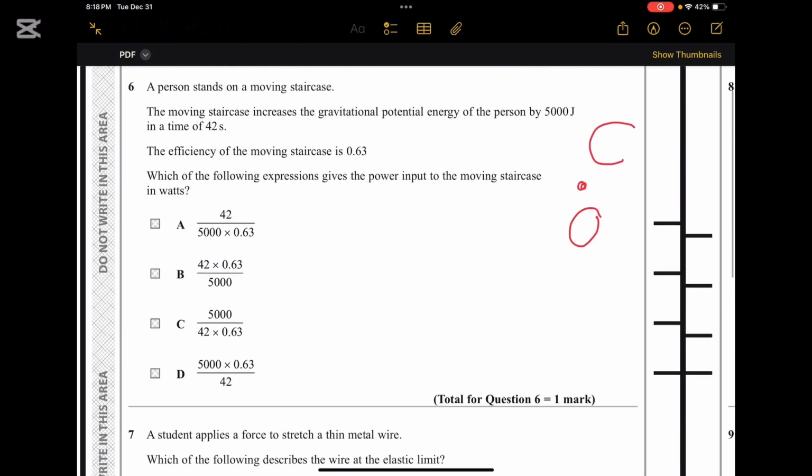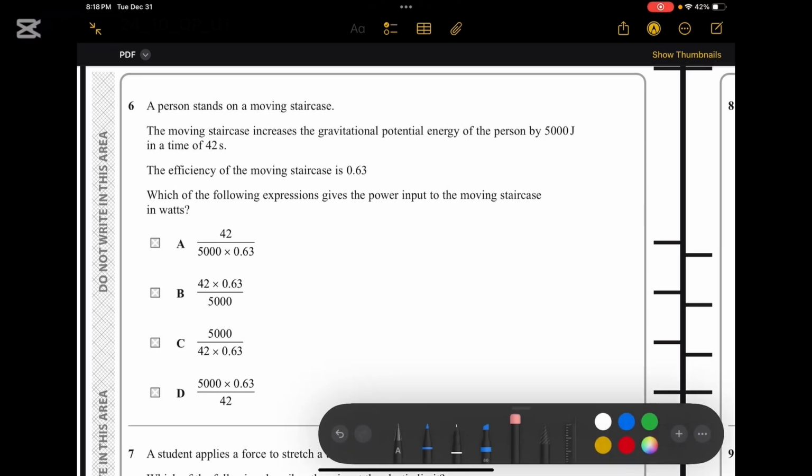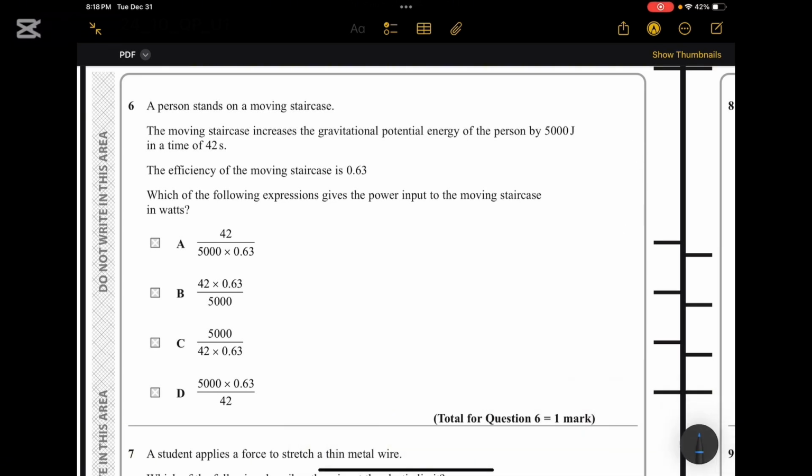Alright, moving forward to question number 6. What they have written here is a person stands on a moving staircase. The moving staircase increases the gravitational potential energy. Let's say this is the staircase and here is the person, going upward.